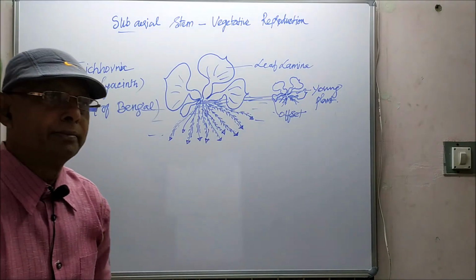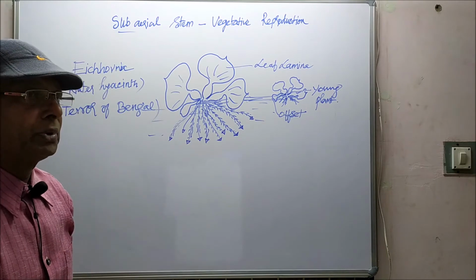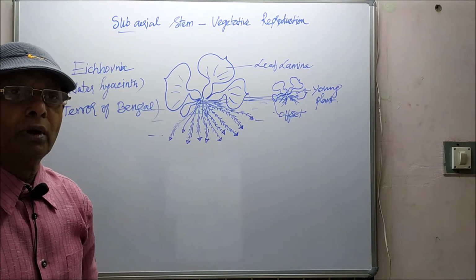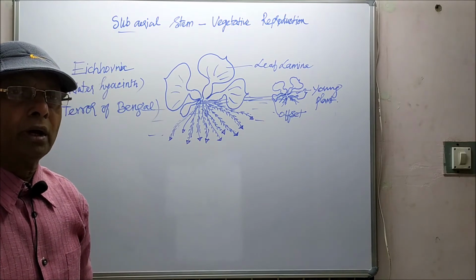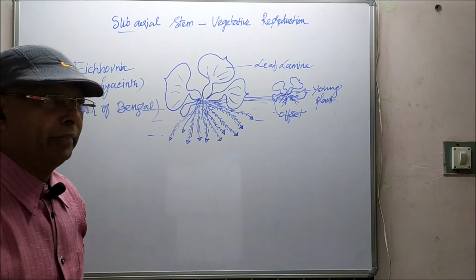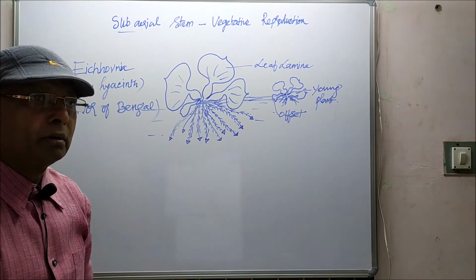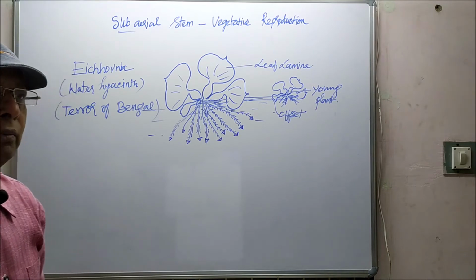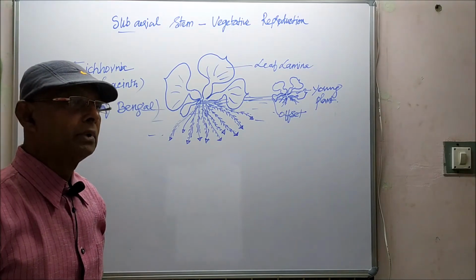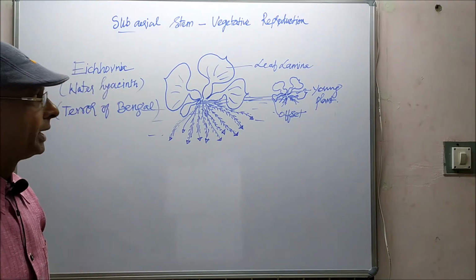The offset is a lateral branch produced from the axil of the leaf, and it is the main part of the water hyacinth which produces new plants, which propagates new plants.